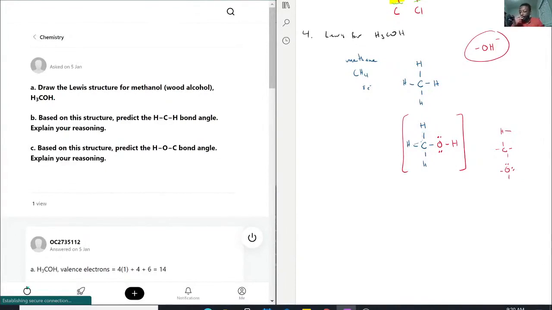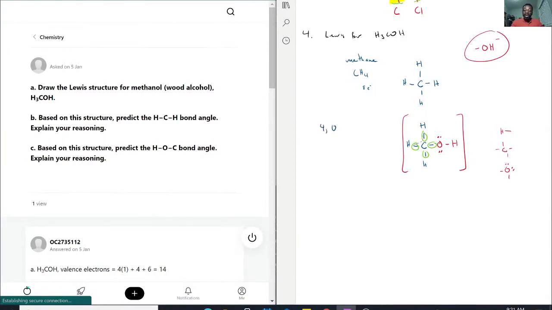Okay, so we're going to make each, the carbon and the oxygen, our quote-unquote central atom. Starting with the carbon, it has 1, 2, 3, 4 bonding groups. Okay, well, 4 bonding pairs and 0 lone pairs. So we just write it as 4, 0.